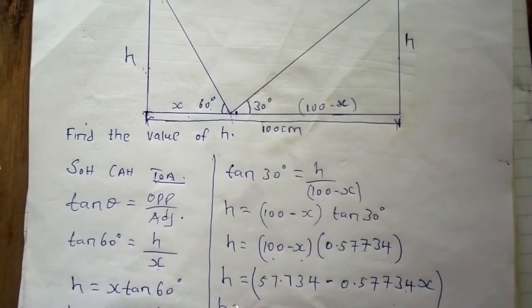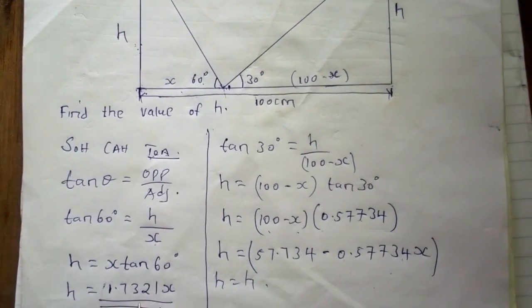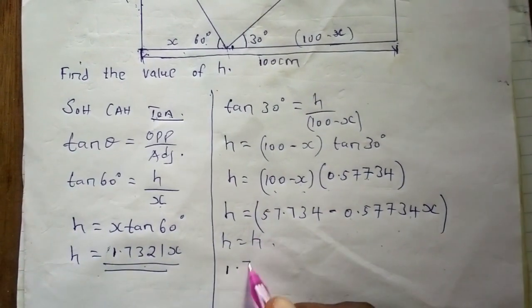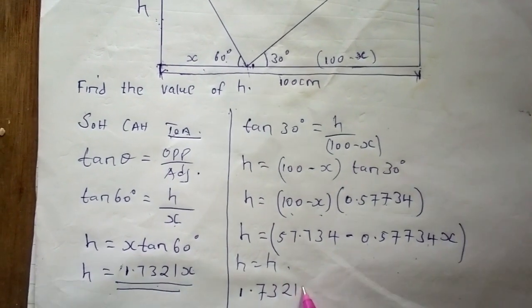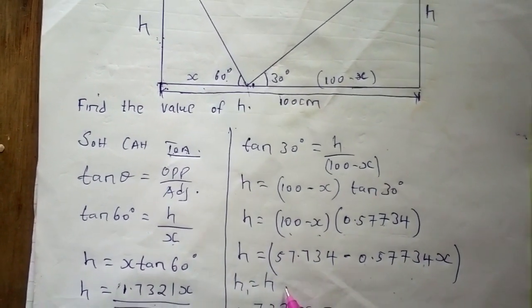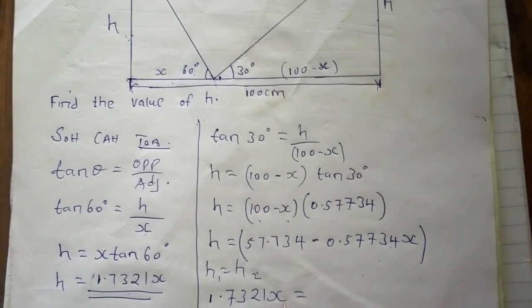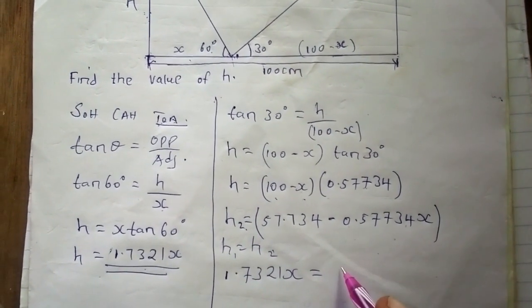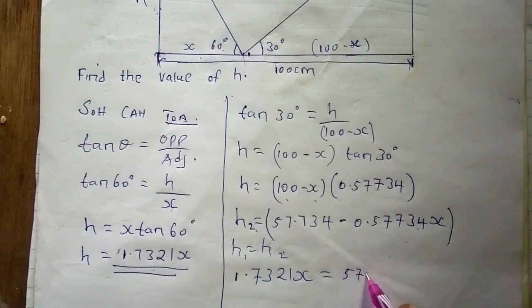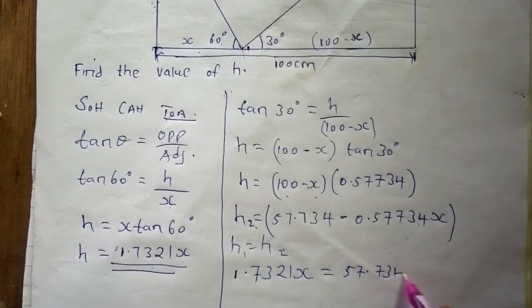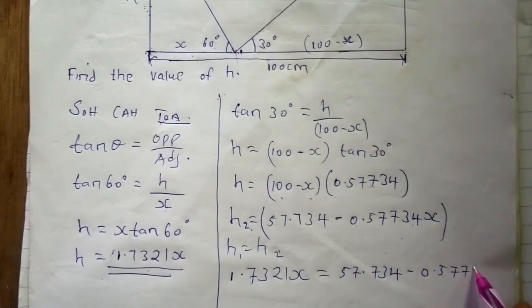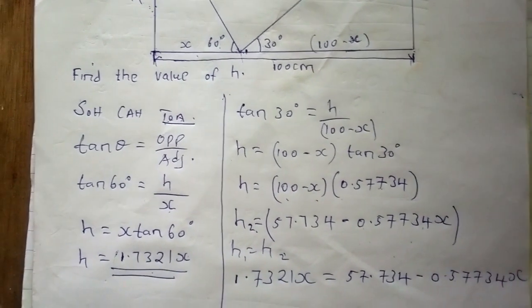Since h is equal to h, the value of our first h, which is 1.7321x, is going to be equal to the value of the second h, which is 57.734 minus 0.57734x.